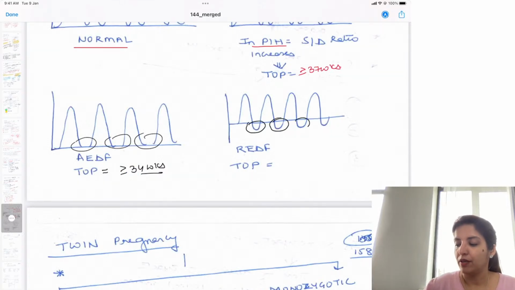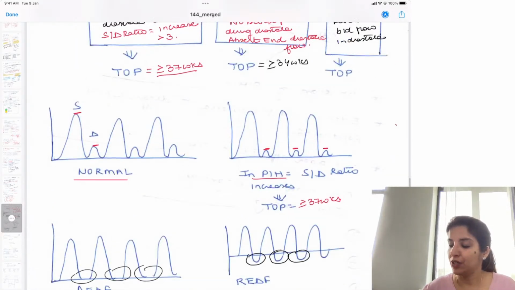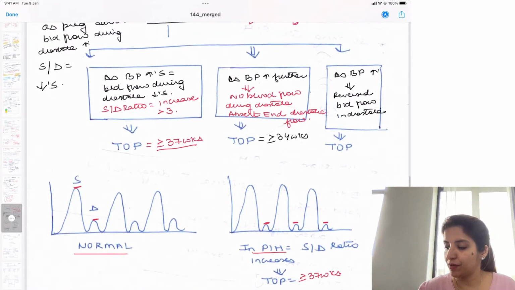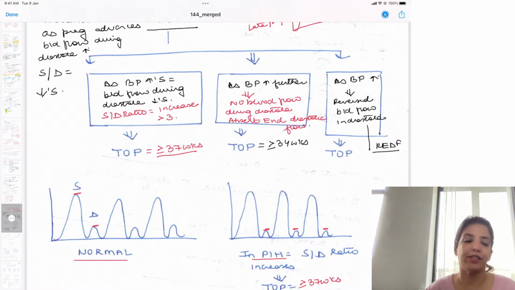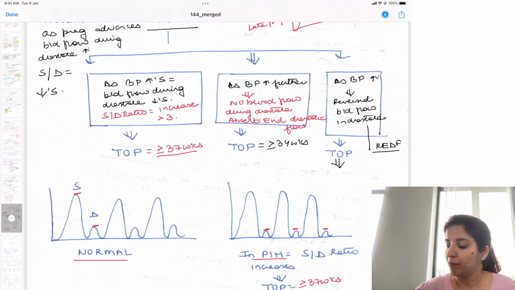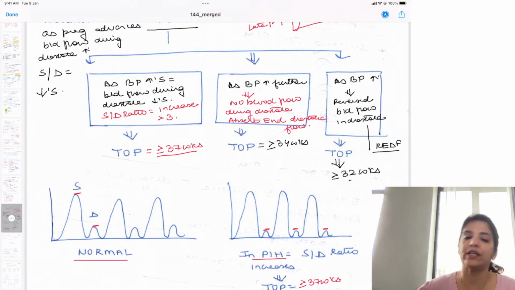So this is called reversed end diastolic flow. Reversed end diastolic flow. And whenever you have reversed end diastolic flow, pregnancy should be terminated at more than or equal to 32 weeks.